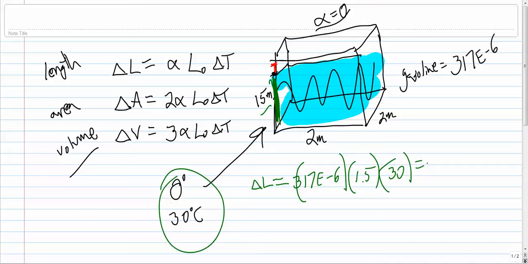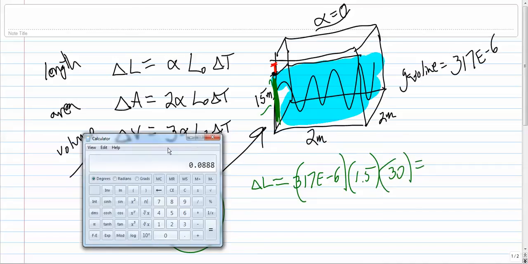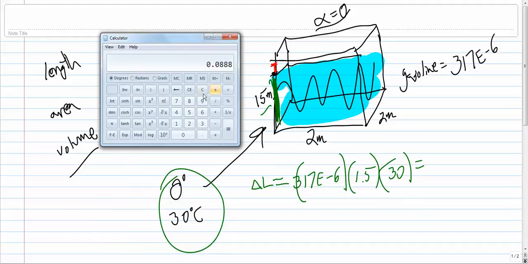Okay, so doing this, we're going to go, okay, so 317 times 10 to the negative 6th times 1.5 times 30, and we get 0.014 meters.